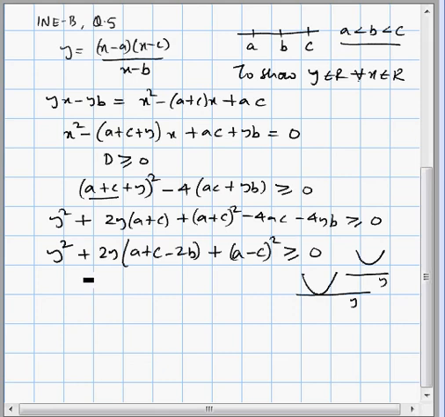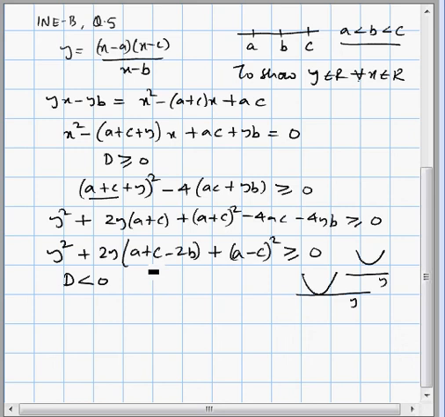So it takes always values greater than or equal to 0, whatever y you replace. That's only possible when D is less than 0, and of course the coefficient of y square is positive, the parabola opens up, so D should be less than 0.